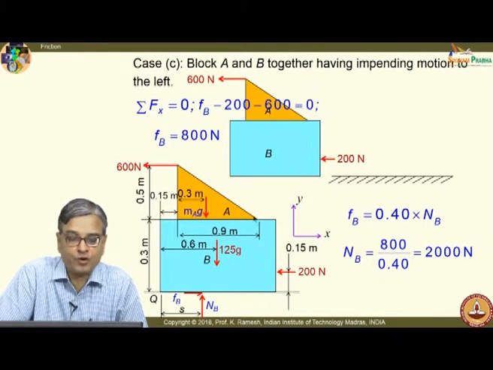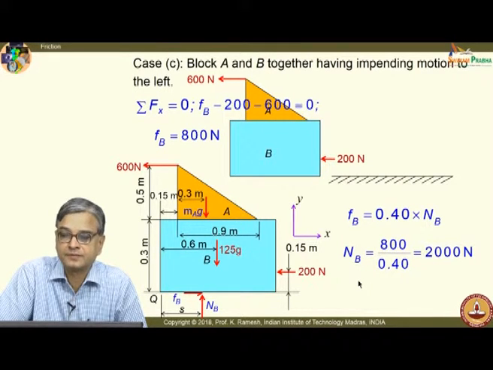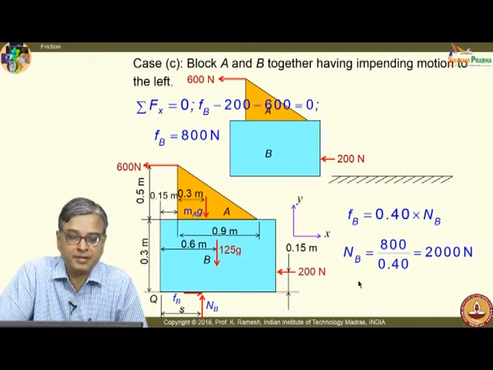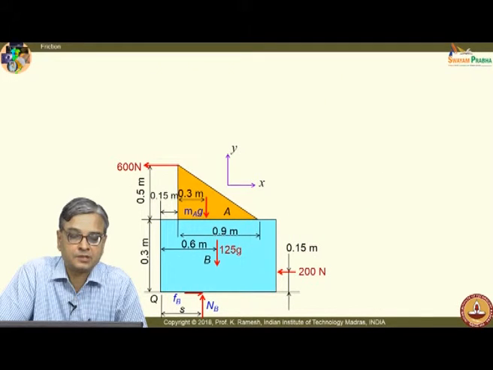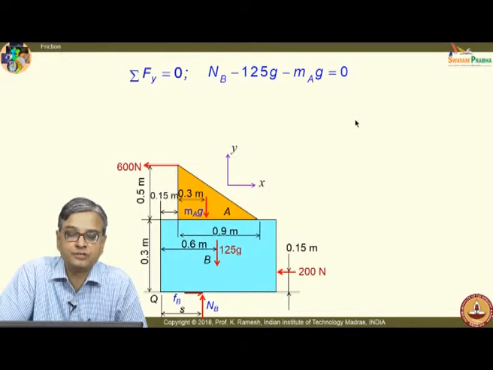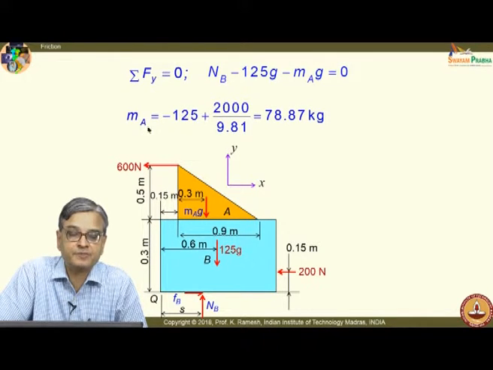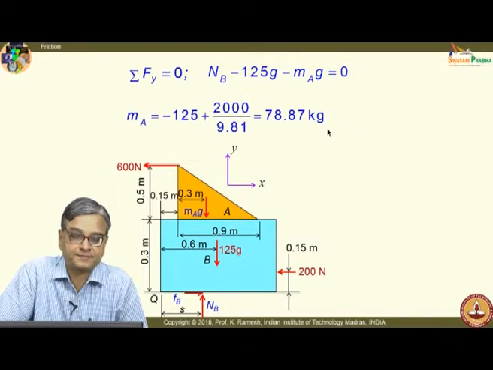And I can also go and find out what should be the value of Ma for this. Fairly simple algebra. And if I put Fi equal to 0, Nb minus 125 minus Mag equal to 0, this gives me Ma equal to 78.87 kilograms.